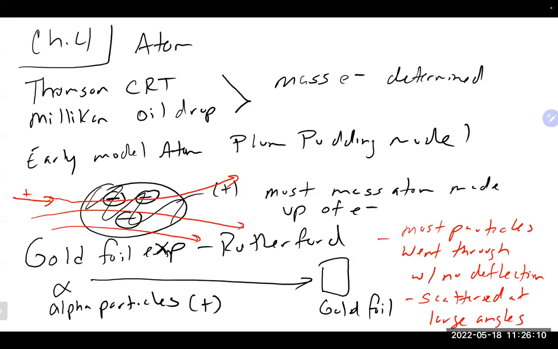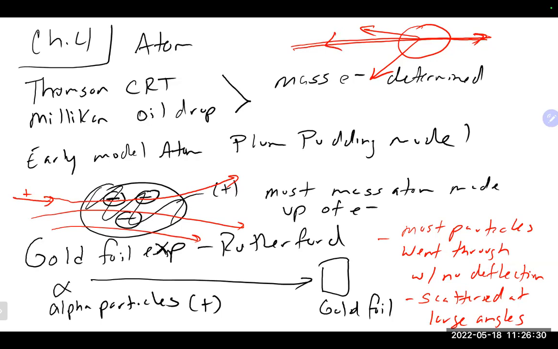So this was really surprising to him. What he found was basically, most of them just sailed through, no problem. But every so often we see these alpha particles bounce off at really large angles. They would even come back to the source as well.